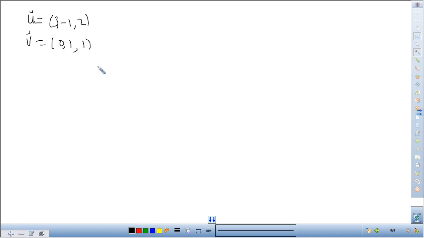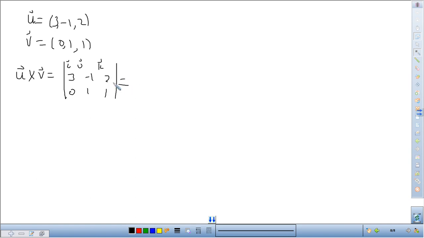Now, I want to calculate u cross v. So I need to set up my 3 by 3 matrix. First row is i, j, k. This is hard to do on a mouse. For u, we have 3, negative 1, 2. And for v, I have 0, 1, 1.